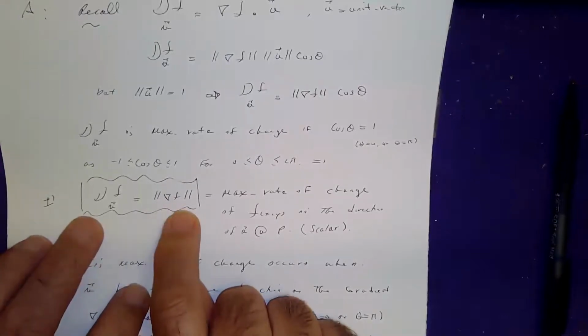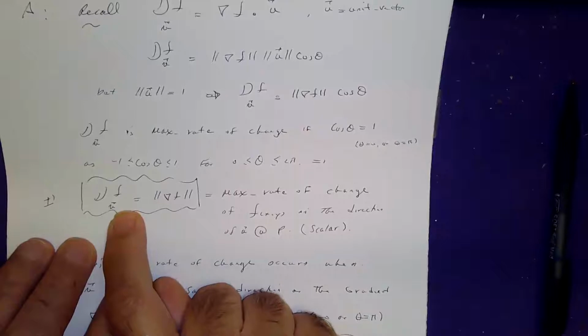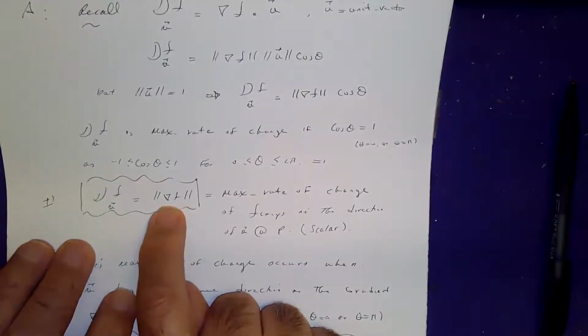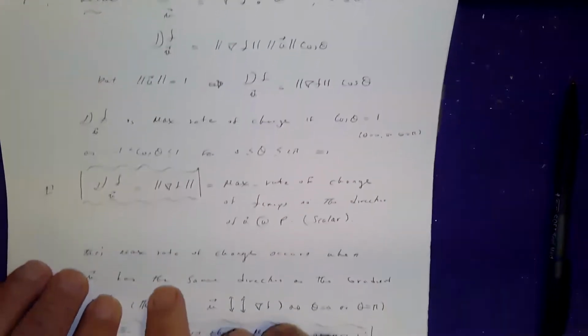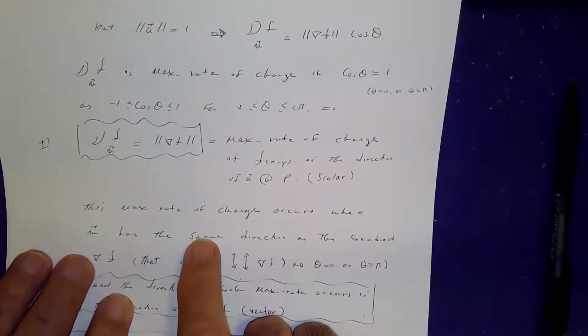So the maximum rate of change of a surface at a specific point in a given direction is the magnitude of the gradient vector.